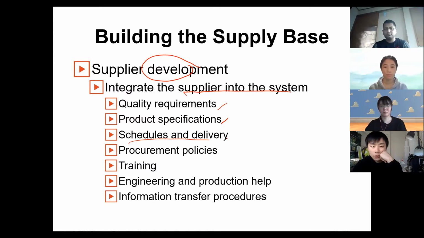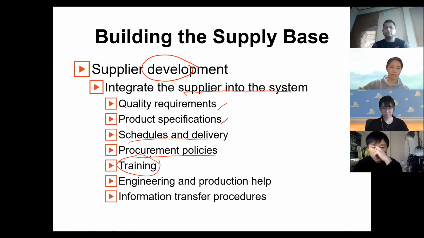So you need to build up all these small things. Also, suppliers need to know about your procurement policies, payment, delivery, and so on. And to integrate the supplier, you probably also provide training.